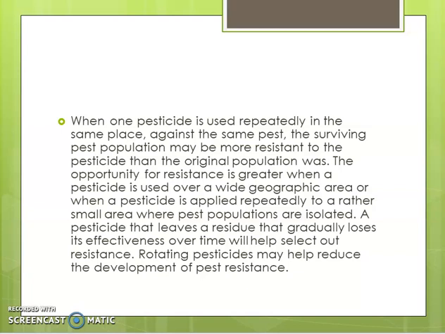Pesticides that leave a residue that gradually loses its effectiveness over time will help select out resistance. So rotating pesticides may help reduce the development of pest resistance.